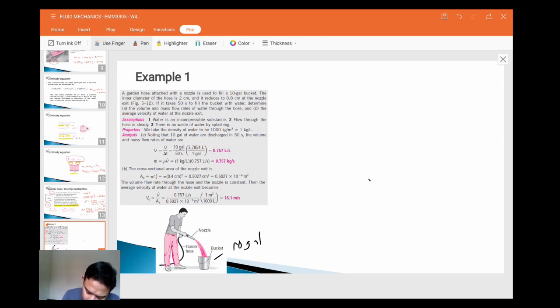So here, we have a bucket of about 10 gallon, and it takes about 50 seconds to fill. So this is the nozzle. The hose will be like, you have a hose here, then it reduces, then this is your jet flow.